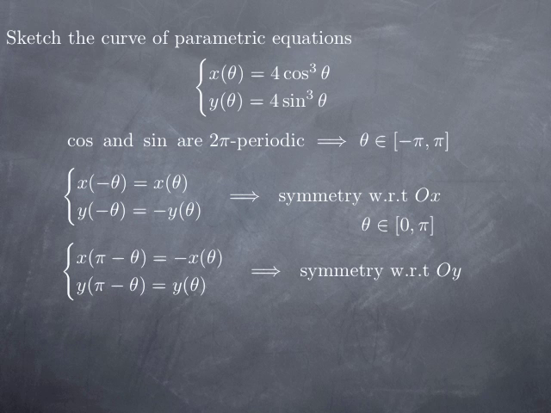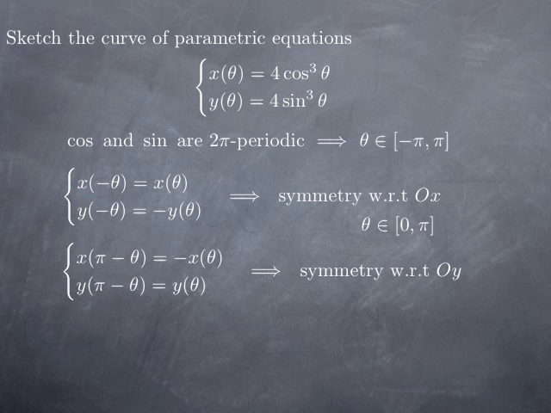Similarly, if I replace the angle theta by pi minus theta, then that changes the cosine into its opposite and the sine is unchanged. Therefore, when I replace theta by pi minus theta, I get an opposite x value and the same y value, which represents a symmetry with respect to the y-axis.